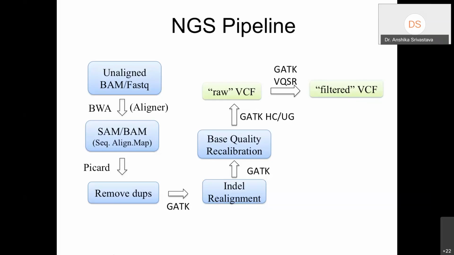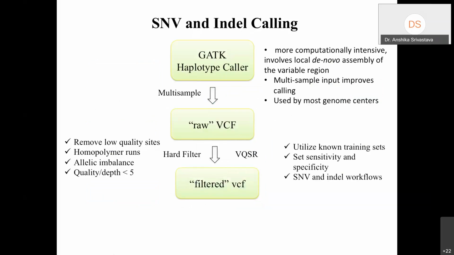And from here the actual genetic processing and actual work starts. Because from the raw VCF, you have to come to a VCF of just say 4 to 5 variants, or maximum 10 variants.